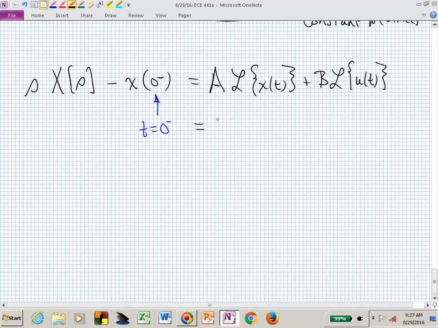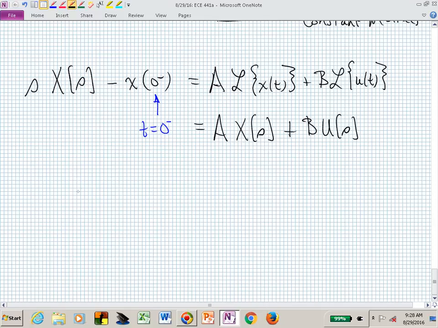And in fact, it's not too hard to finish, because we are just calling the Laplace transform of little x of t capital X of s. Similarly, we are simply calling the Laplace transform of u of t capital U of s.